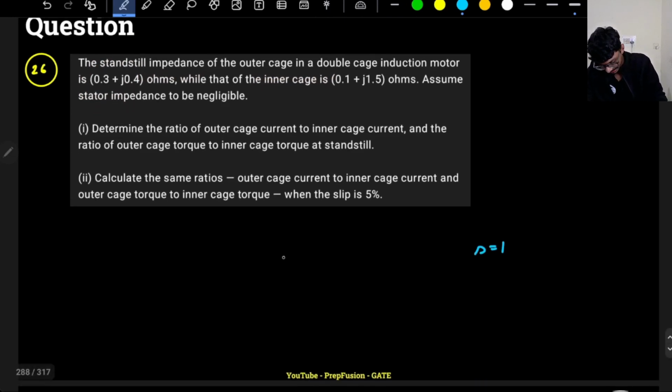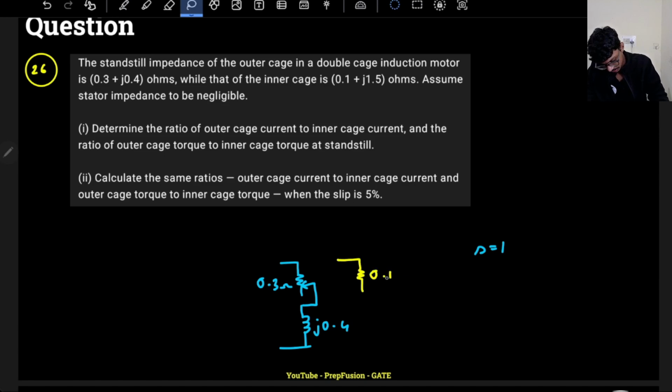So this is the standstill reactance of the outer cage, 0.4, and the inner cage reactance is 0.1, and j1.5.